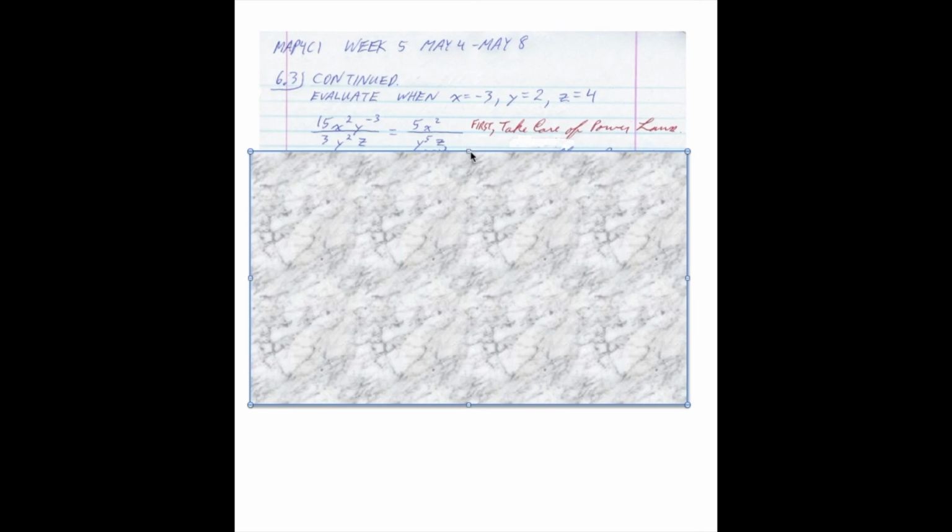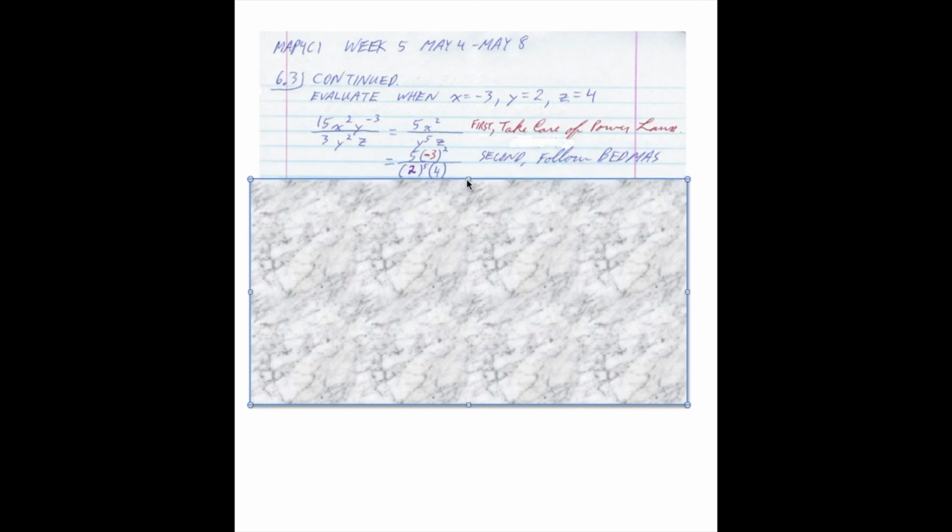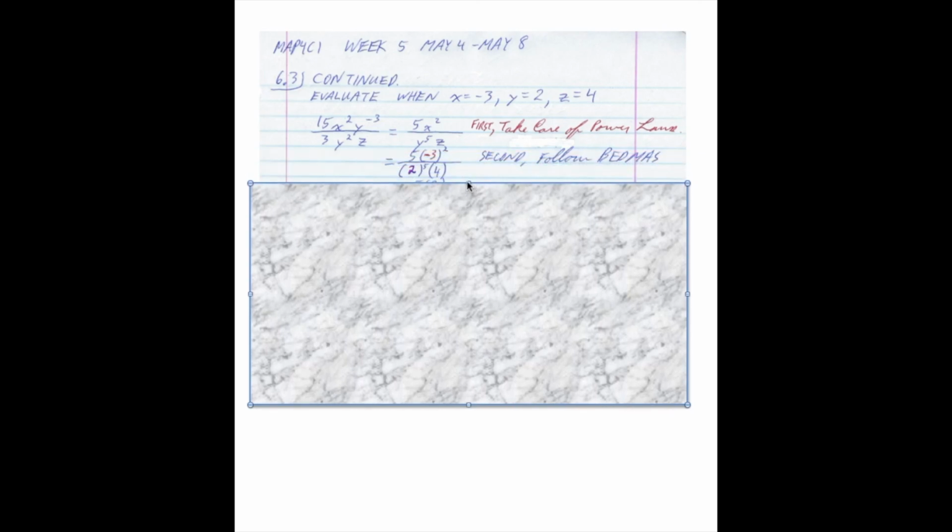Now that I've reduced as much as I can using my power laws, now I'm going to substitute in. The x goes here, the y goes there, z goes there. Next, I want to point out that whenever you substitute in, especially with power laws, you put brackets tight on the number.